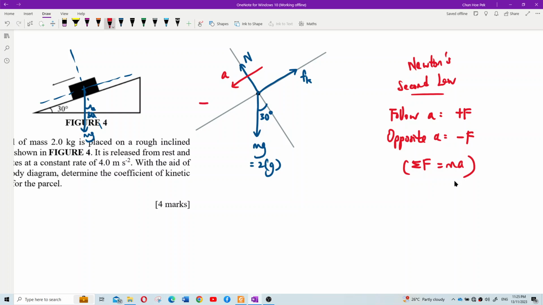I can put this one positive, this one negative. Now this force must be resolved. So this one will become mg cos 30 and mg sin 30.